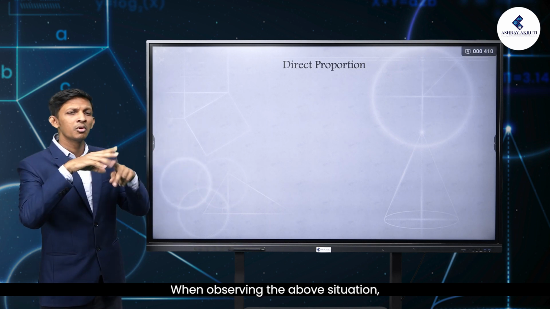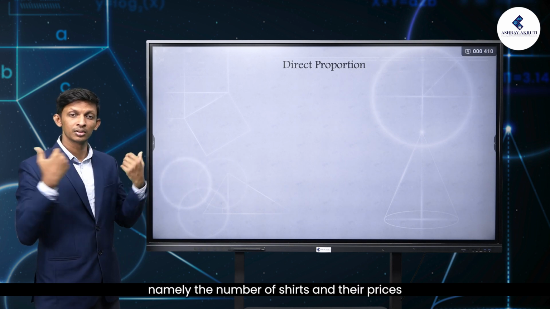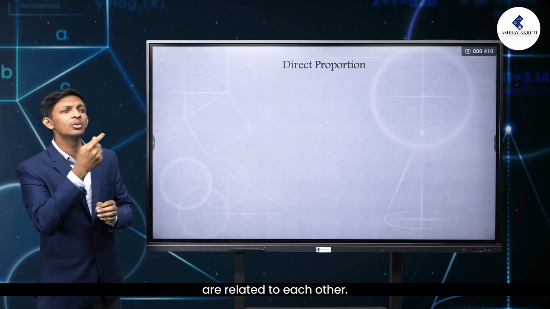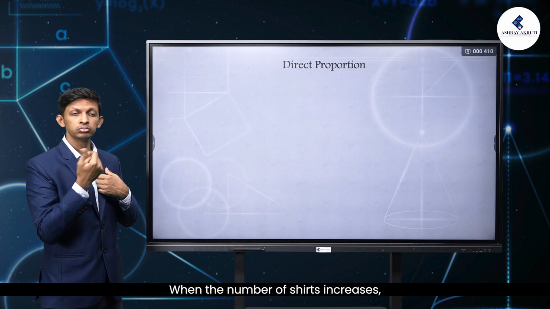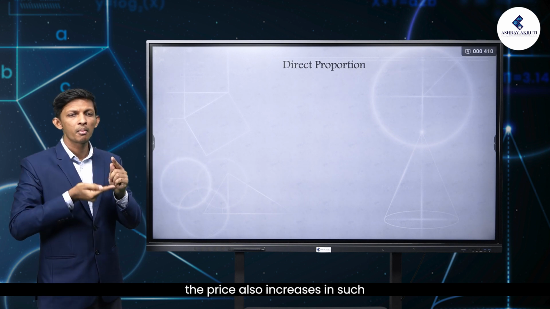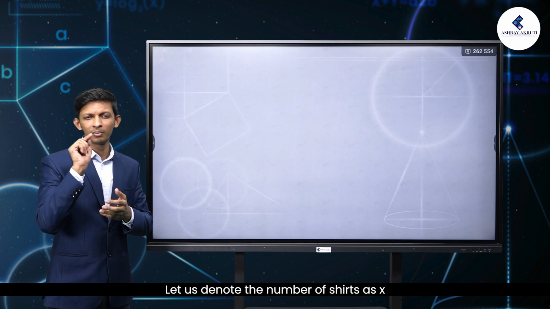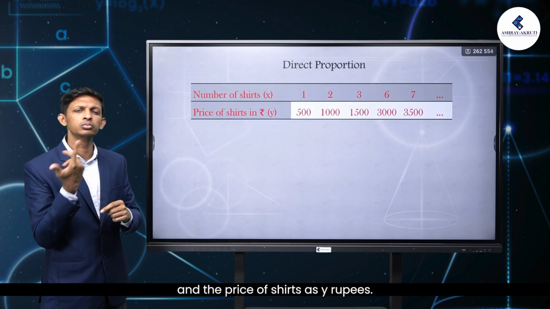When observing the above situation, two quantities, namely the number of shirts and their prices, are related to each other. When the number of shirts increases, the price also increases in such a way that the ratio remains constant. Let us denote the number of shirts as X and the price of shirts as Y rupees.